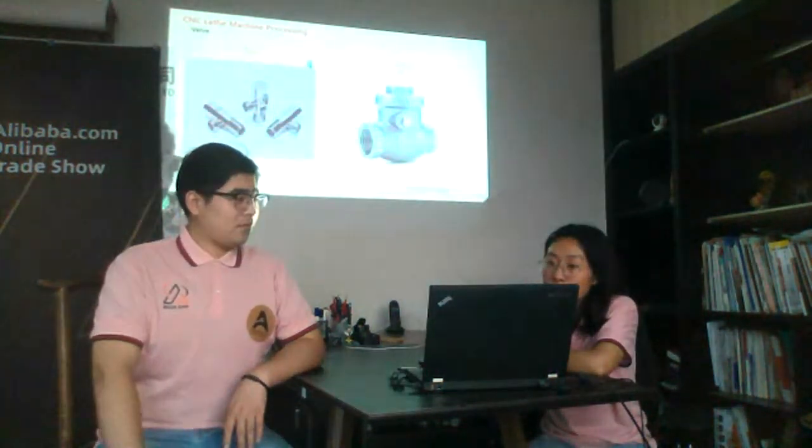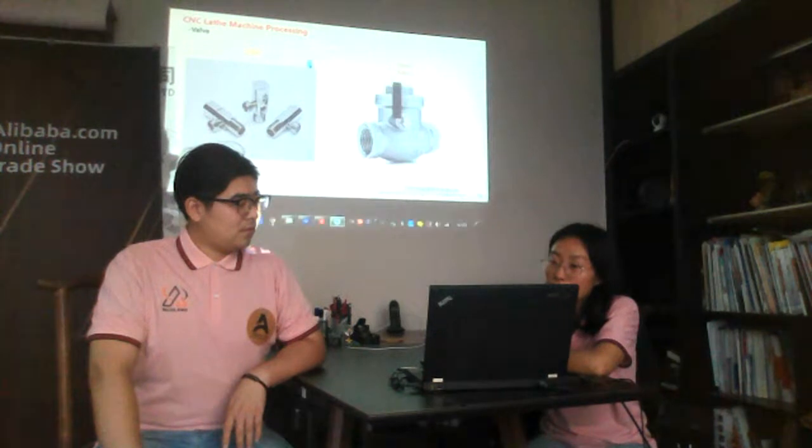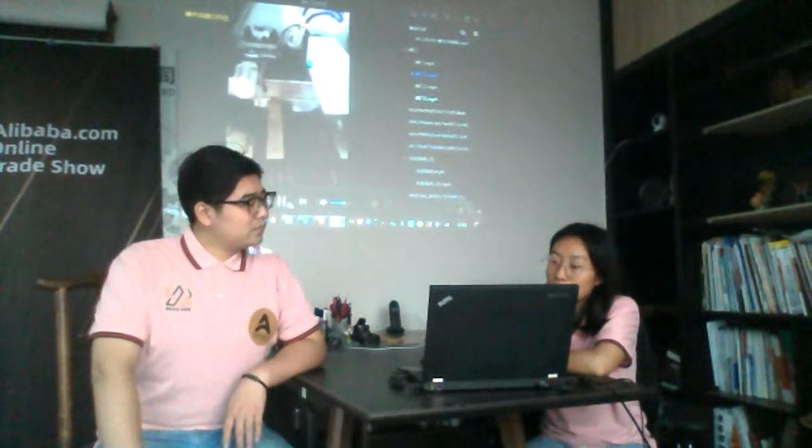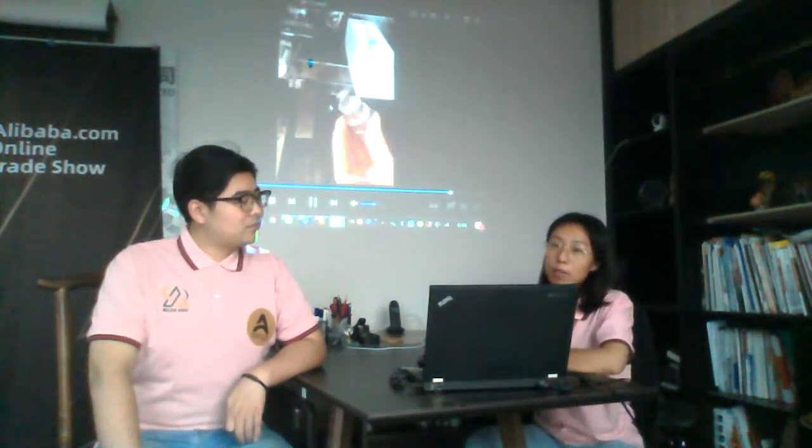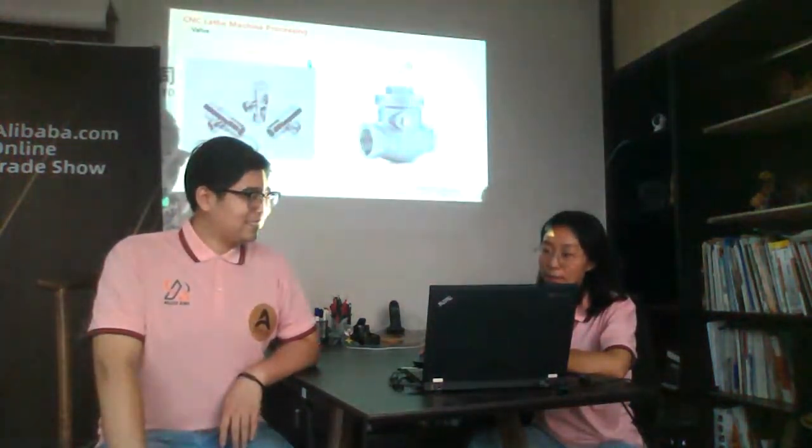We can see our worker showing the workpiece. So if our customer wants to process this workpiece, you can contact us, and we can send a sample to our customers. And the next video.